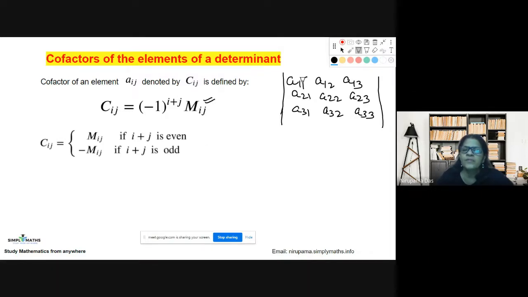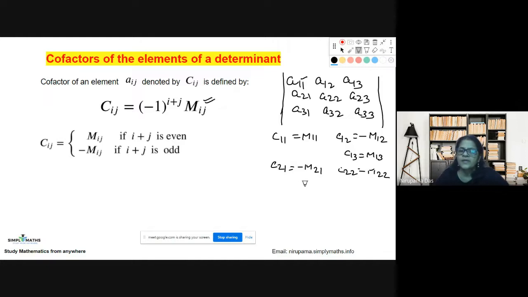So for A11, the minor will be M11. So here the cofactor C11 equals M11. And for C12, it is minus of M12. C13 is plus the minor, like this. And similarly C21 is minus of M21, C22 equals M22, like this.